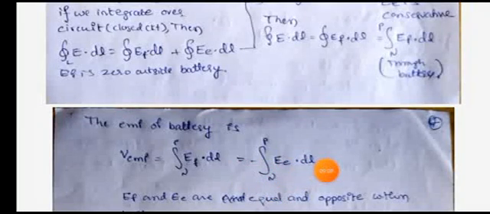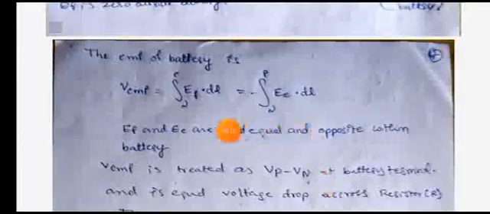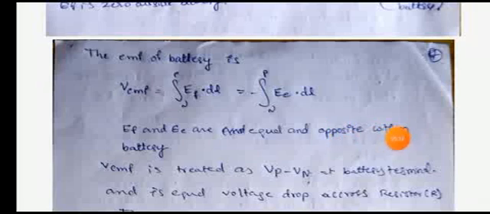What about this E? EE and EF are equal and opposite within the battery, so in place of EF we can write minus EE. The induced EMF is equal to the integral from N to P of EF dot dl, equal to minus the integral from N to P of EE dot dl.